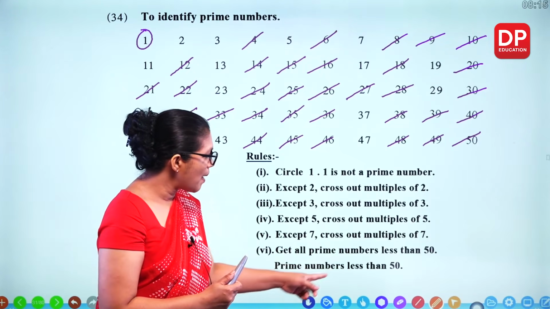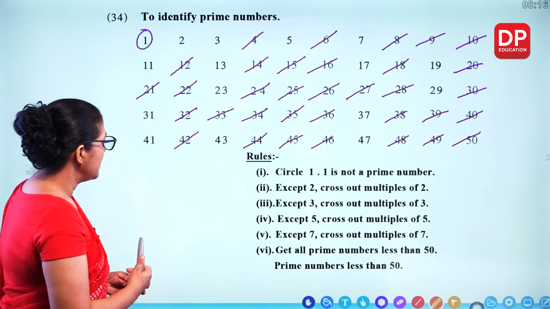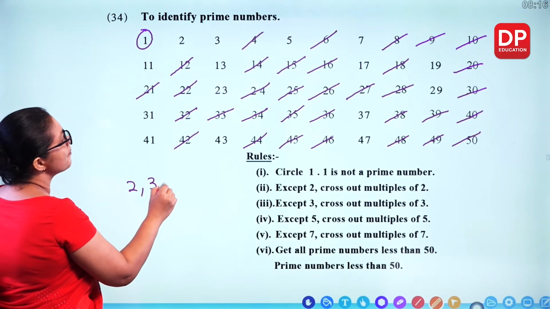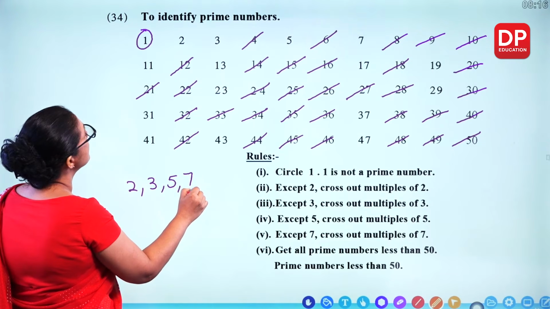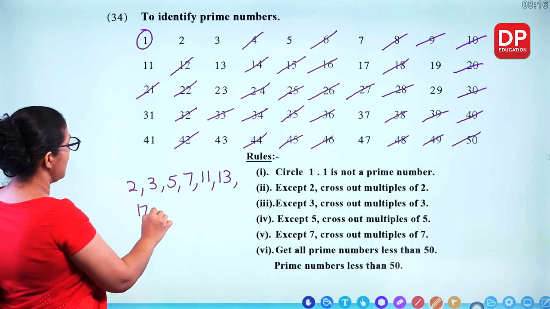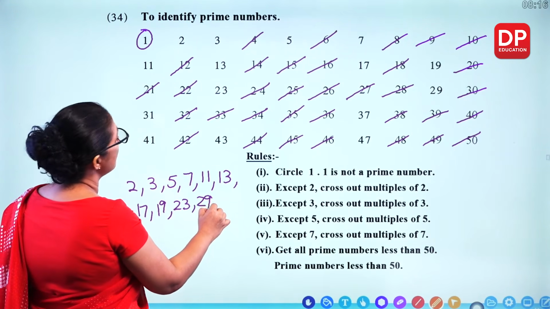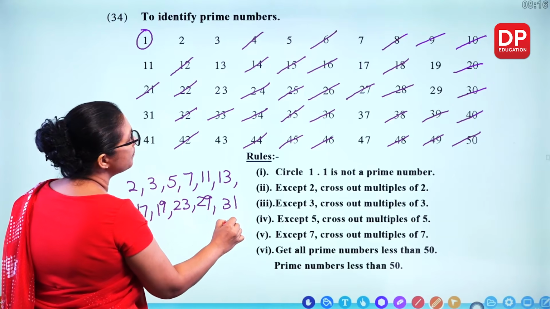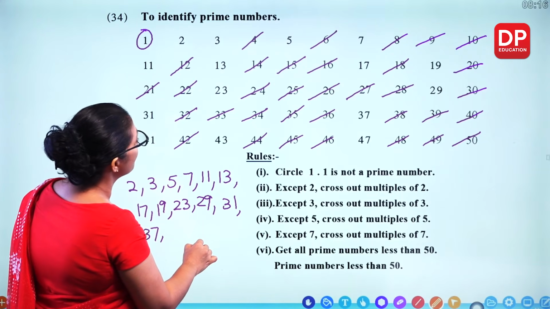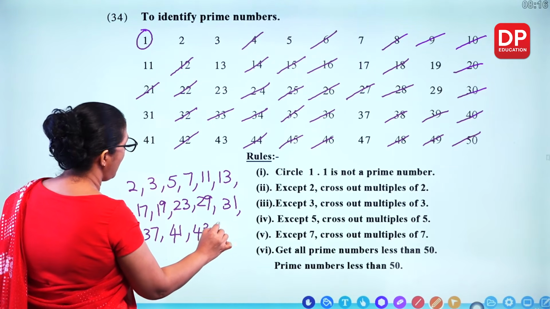So, we get all prime numbers less than 50. What are prime numbers less than 50? I can write down 2, 3, 5, 7, 11, 13, then 17, 19, 23, 29, 31, 37, 41, 43, and 47.